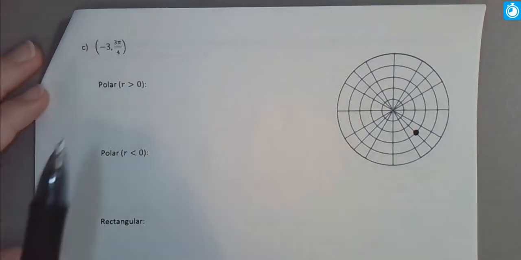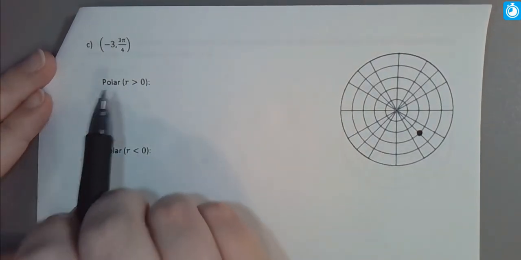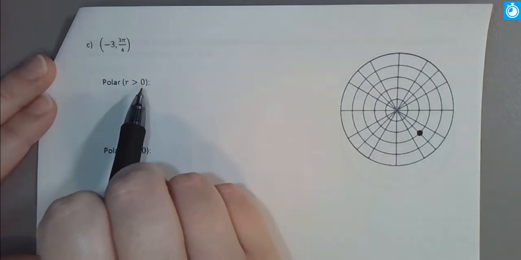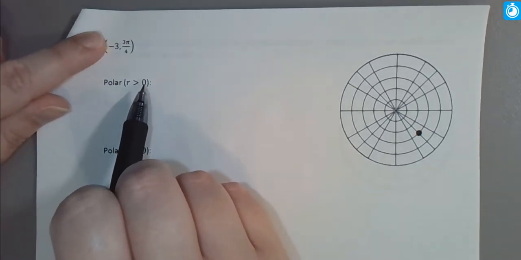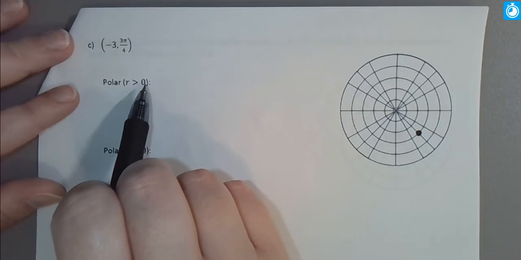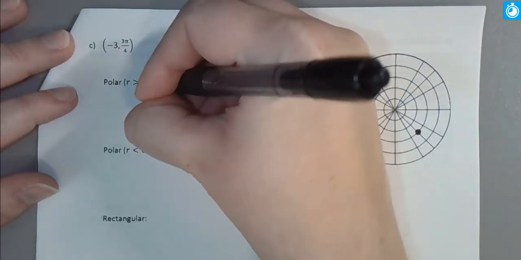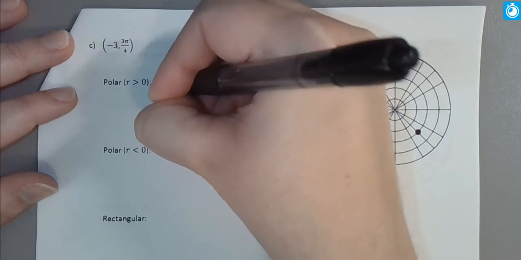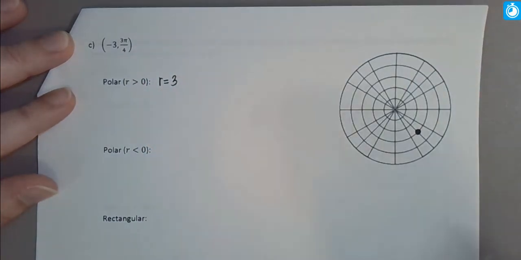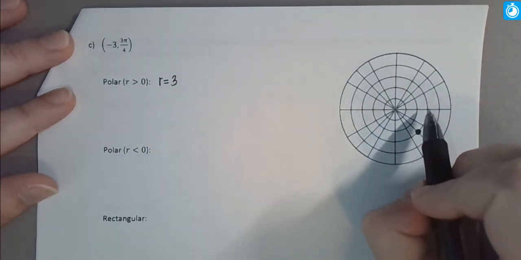Okay, so let's find some additional polar representations. So r is greater than 0. Well, our original r is less than 0. So if r is greater than 0 and we know we want to be on the third ring, the only other value for r we could have is r equal to 3, which would mean starting right here and then rotating from there.